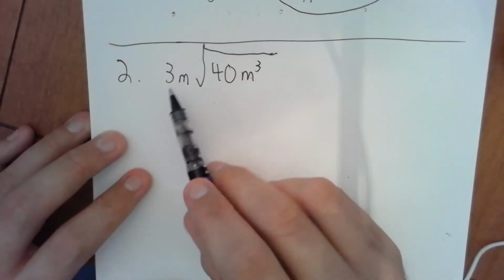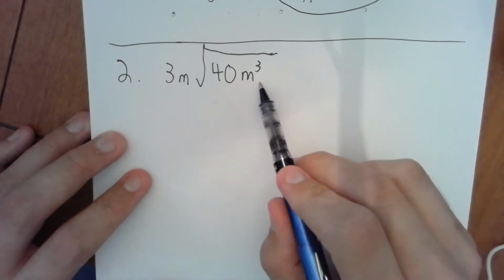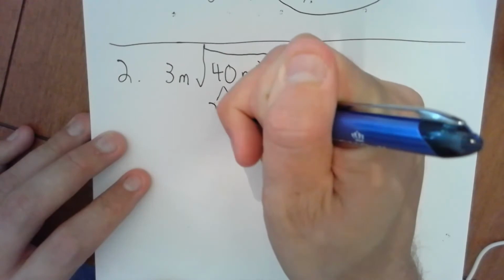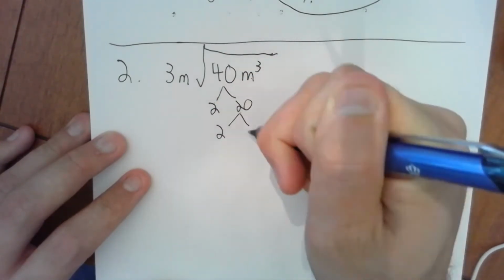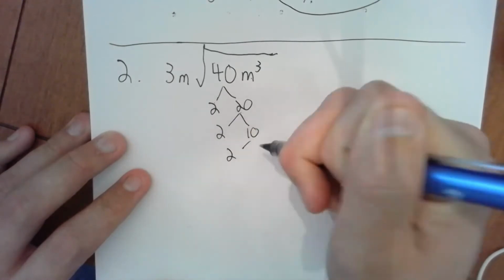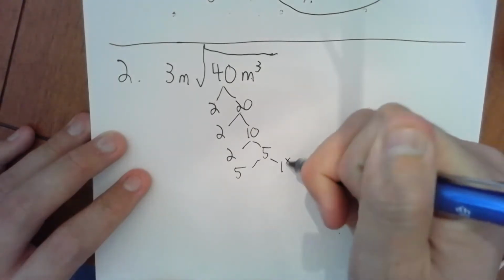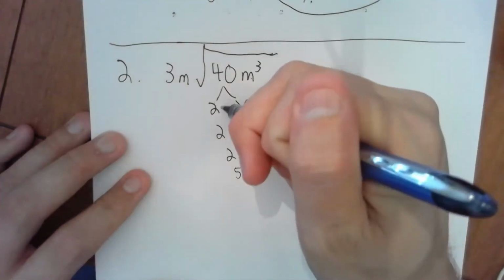Okay, once again, just ignore the 3m out here, and just ignore your variable for a second. We want to take care of this number here, the 40. So break it down using your factor tree. Okay. Once again, square root, so we're circling pairs.